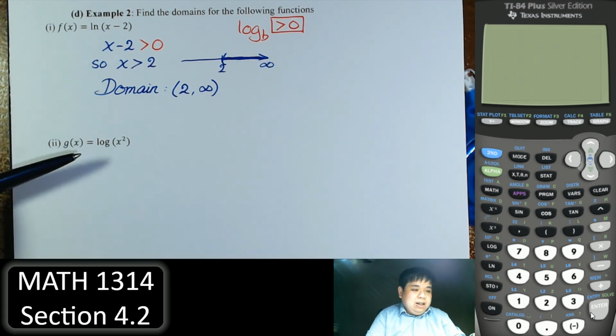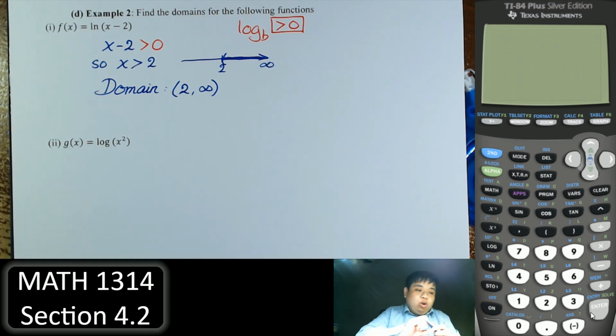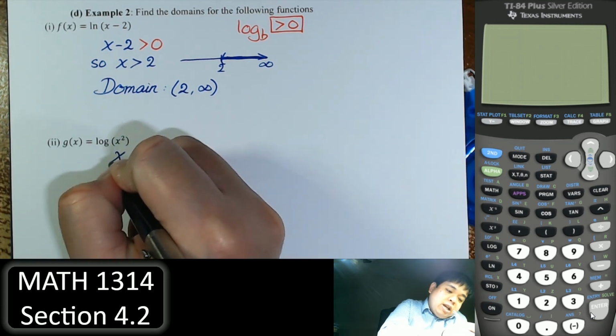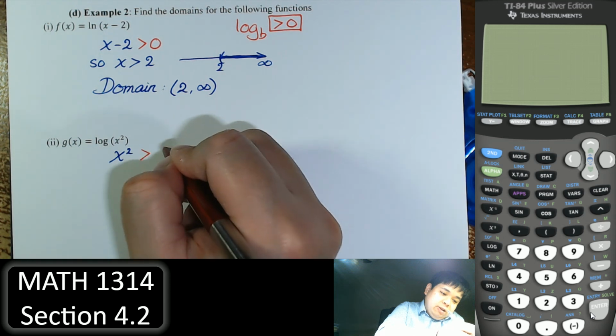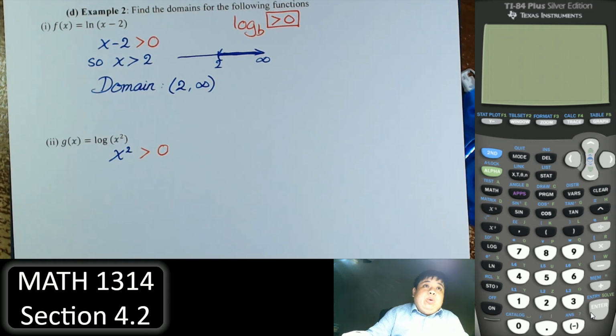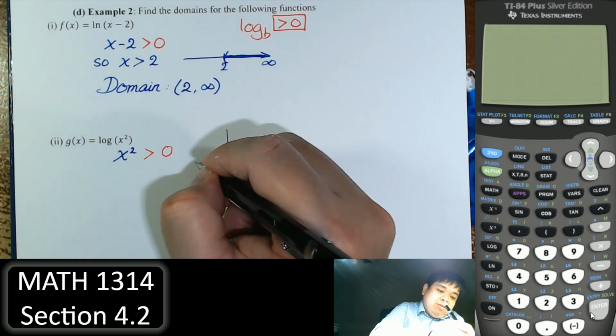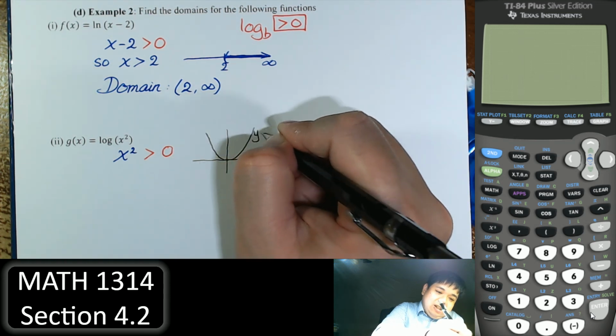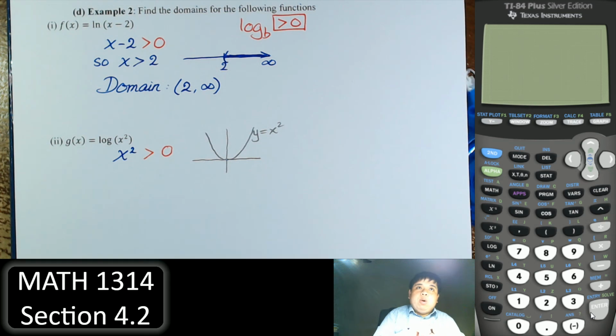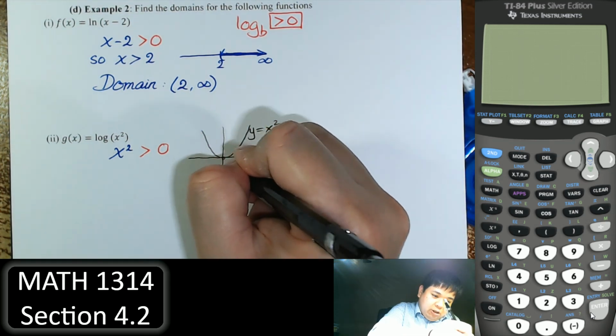Right. Similarly, this is base 10. We have the argument of the log, which is x squared, and we require it to be positive. Well, we're going to use the graph to solve this problem. x squared is that parabola going through the point 0, 0.